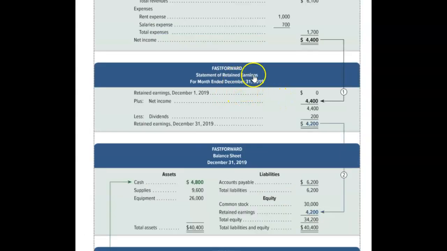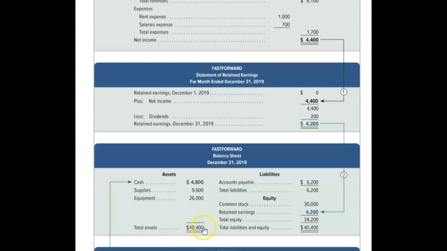After we're finished with our statement of retained earnings, the next financial statement we need to prepare is the balance sheet. The purpose of the balance sheet is to show the financial position of the company at the end of an accounting period. Do assets equal liabilities plus owner's equity at the end of the accounting period? In this Exhibit 1.10 in your textbook, all assets are listed on the left side of the financial statement, and they total $40,400.